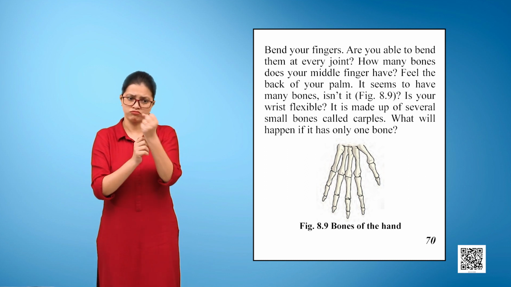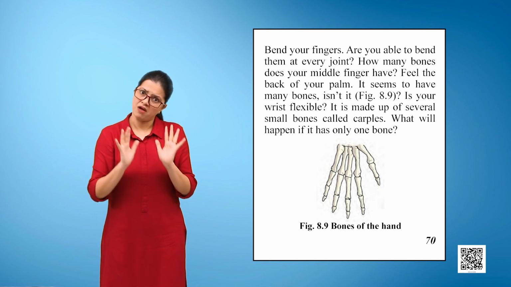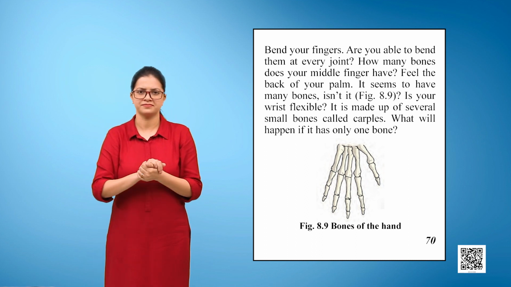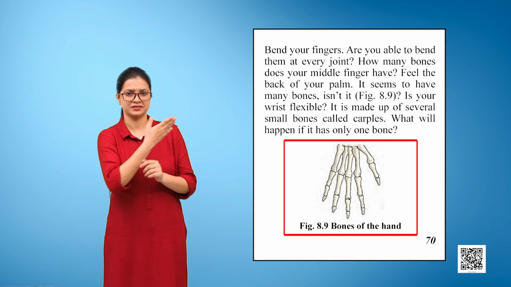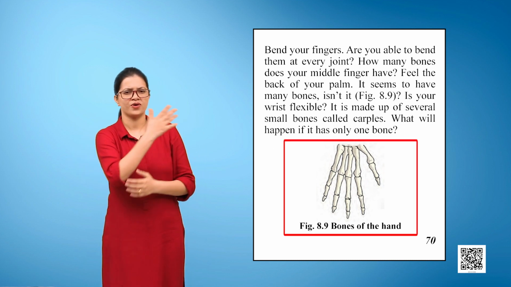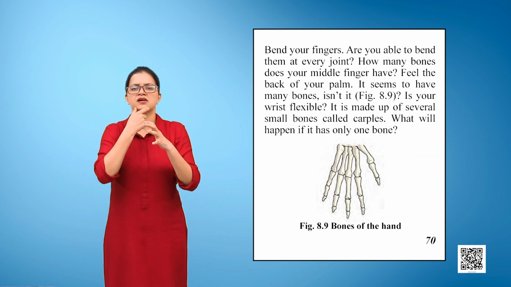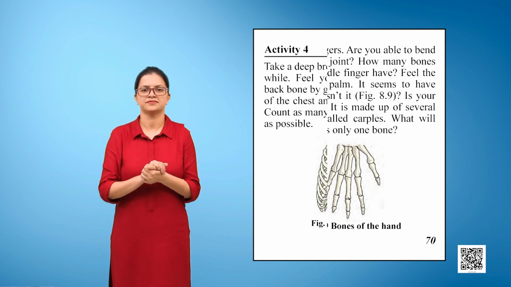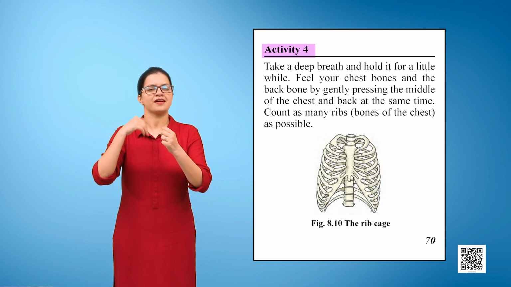What will happen if it has only one bone? Figure 8.9 shows bones of the hand. Activity 4.